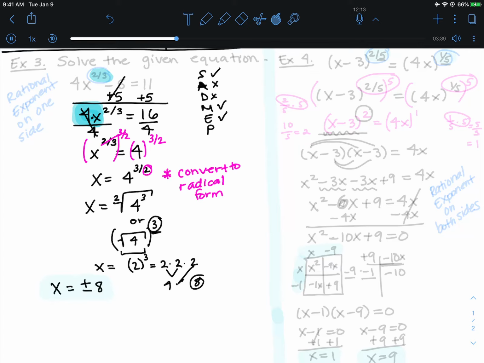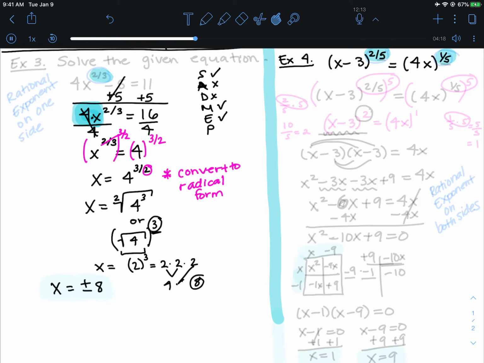Now we're going to look at example number 4. So for example number 4, we're going to have x minus 3 to the power of 2/5 equals 4x to the power of 1/5. Now if you look at this, we have 2 radicals, one on each side.